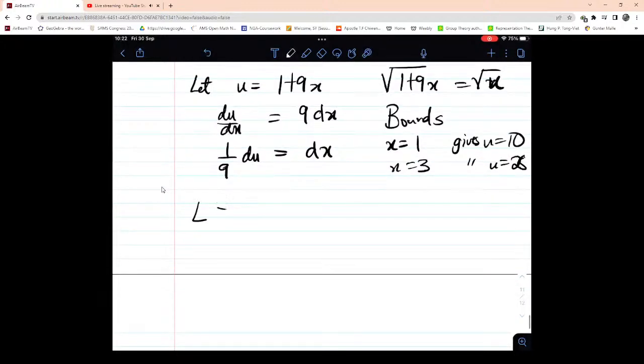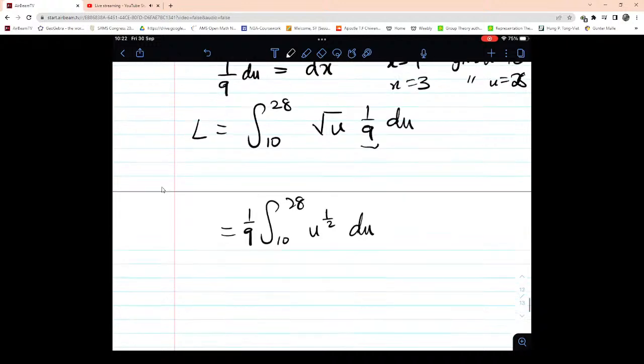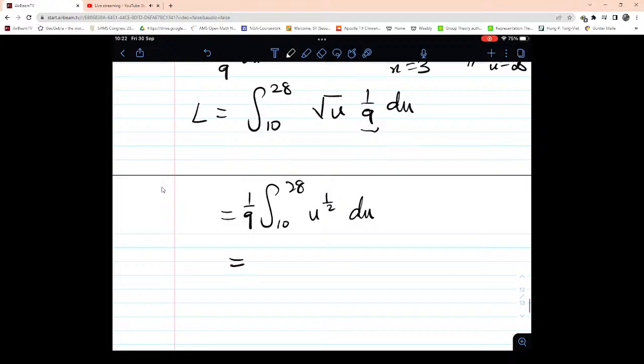So we end up with the integral from 10 to 28 of the root of u times 1 over 9 du. We can take 1 over 9 outside the integral sign, and we get u to the half du. Then if we integrate this, we get 2 over 3 u to the 3 over 2.